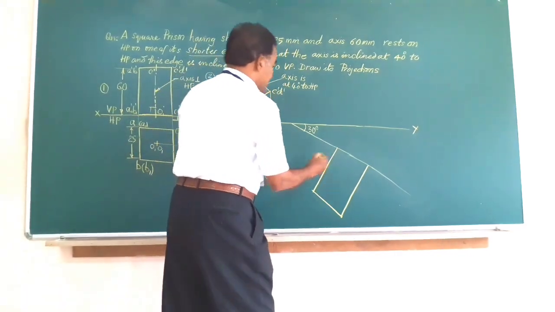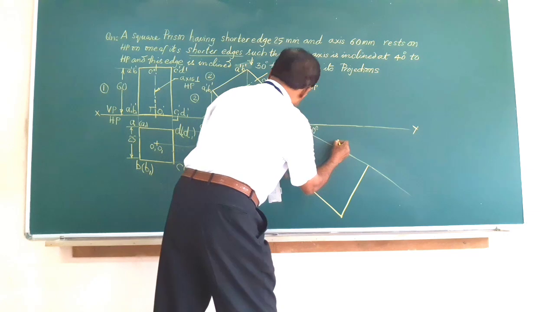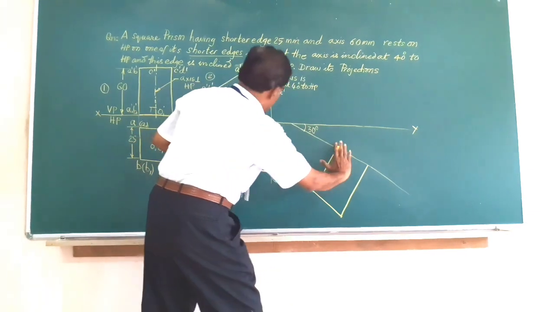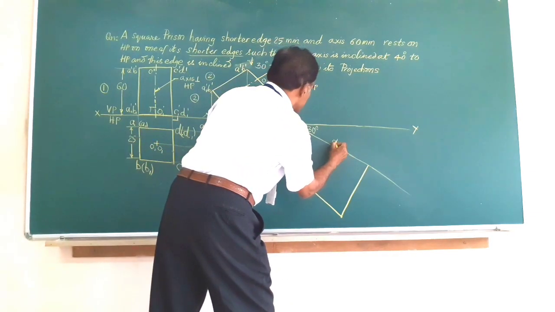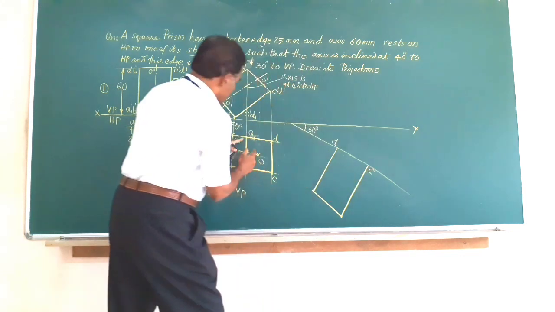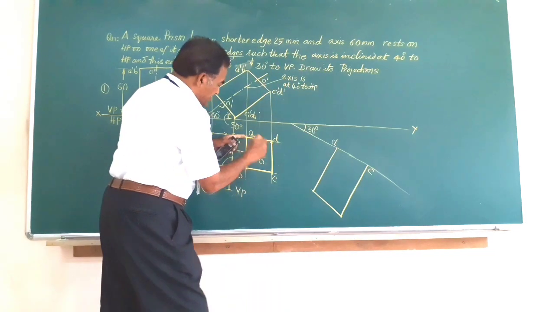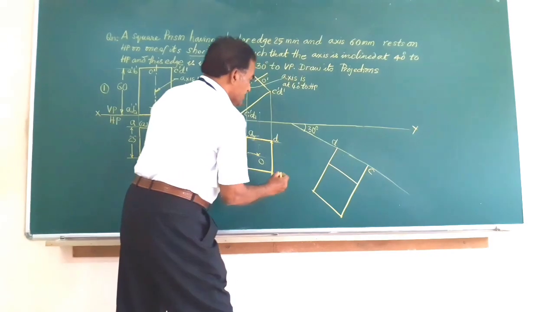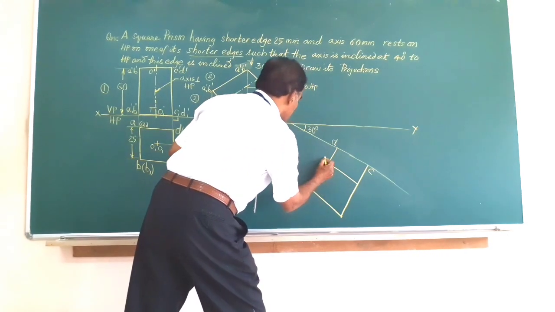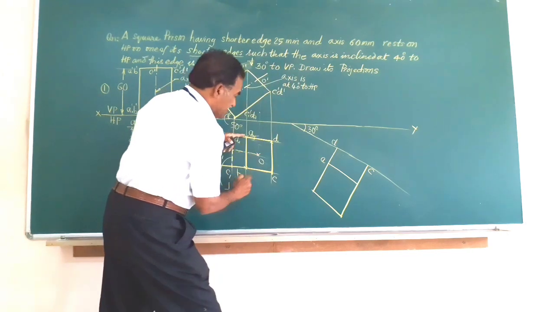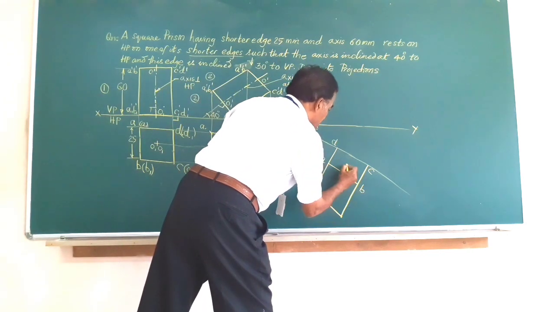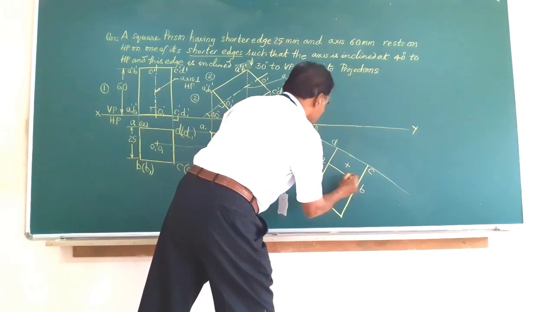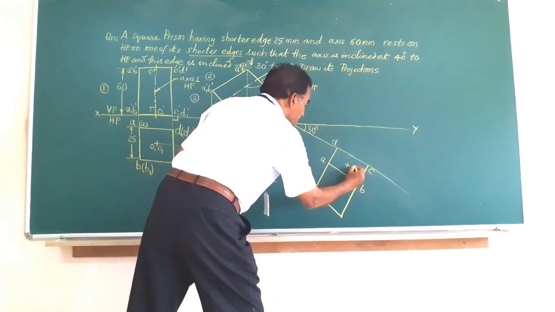Say the CD is here, then AB. This is CD. DC you can say. D, C. Then mark AB at this distance. AB will be here. This is A, this point is B. Center of that is O.